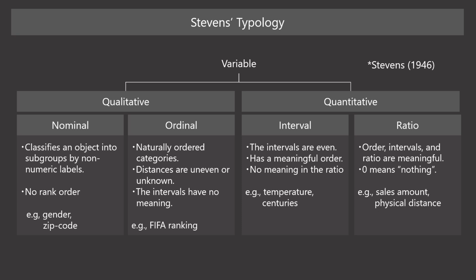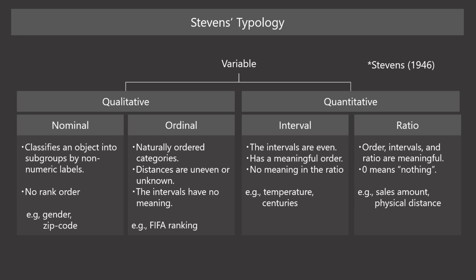It is sometimes difficult to distinguish between ratio data and interval data. We can distinguish them by considering whether or not the value of 0 means nothing in the variable. If 0 means nothing, the variable can be regarded as a ratio variable. For example, as for temperature, 0 degrees Celsius does not mean no temperature.